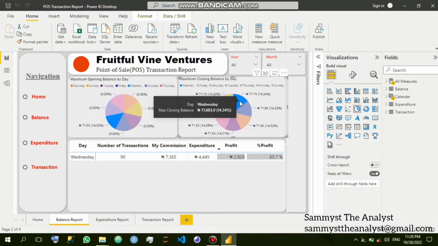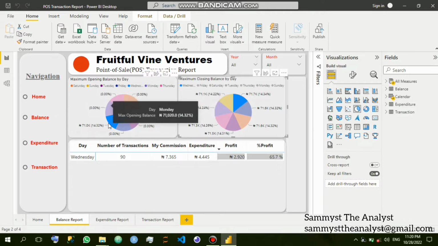Now you discover that this particular visual is a responsive visual, an interactive visual, in the sense that when I click on this place, you can see that this other visual changed, and then this other one also changed.